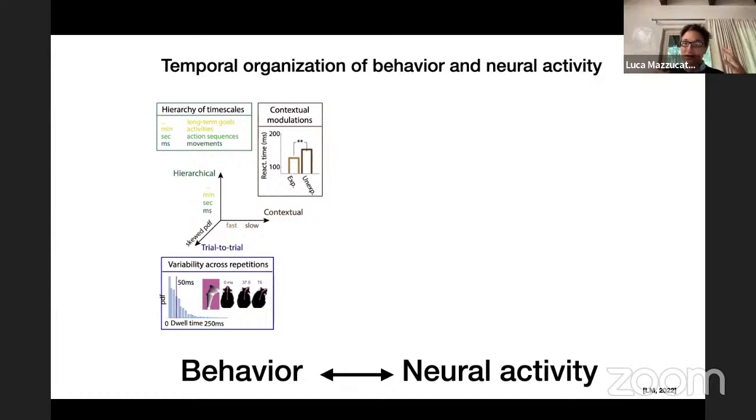And we're interested in this temporal organization that can be approximately organized in terms of three different axes of temporal variability.